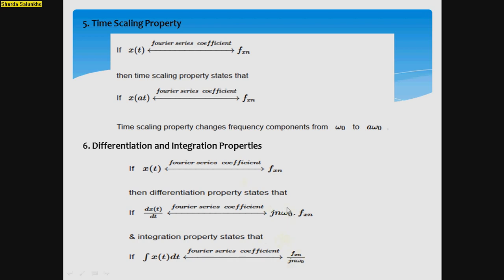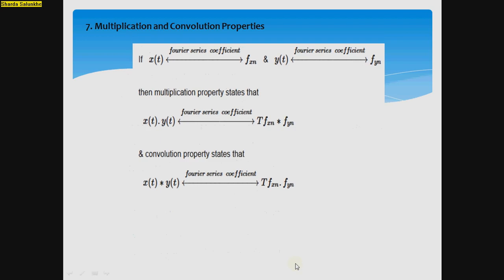So in the differentiation property, the function is multiplied by j n omega 0, and in the integration property, the function is divided by j n omega 0.